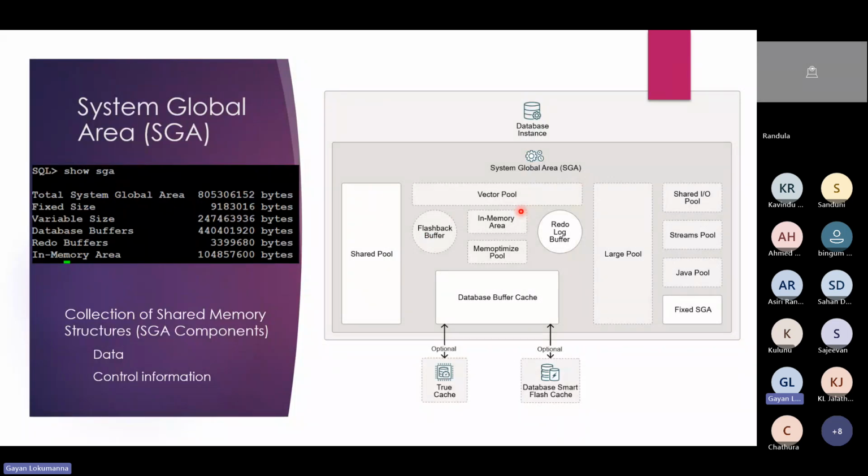You can see here there are many components within the SGA, which take up some space, so you have to define the SGA. You can give a limit to your SGA, and accordingly the sizes of these components can be adjusted. Some of these components will have a dynamic size, meaning some of them might grow based on demand.